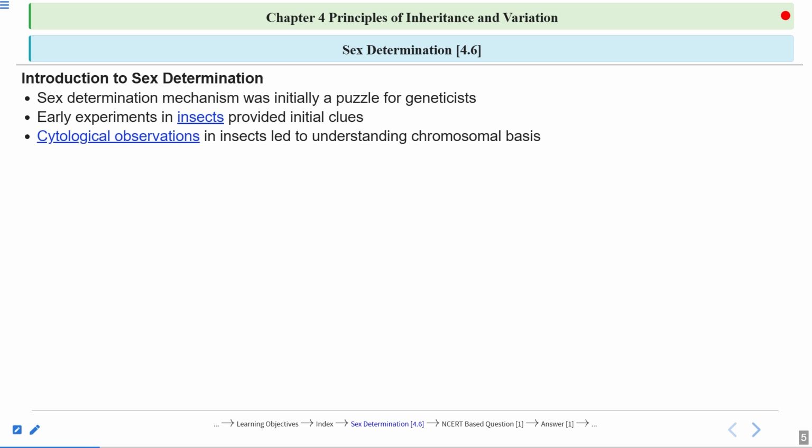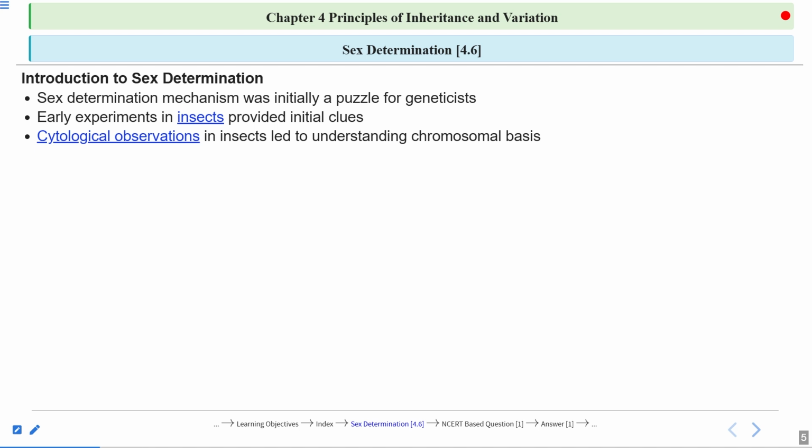Cytological observations were made in insects that led to the understanding of the chromosomal basis of sex determination. What do we mean by cytological observations? It means the cells were analyzed under the microscope: the cell structure, the cell morphology, the anatomy of the cell.